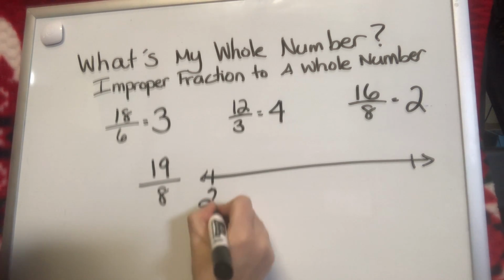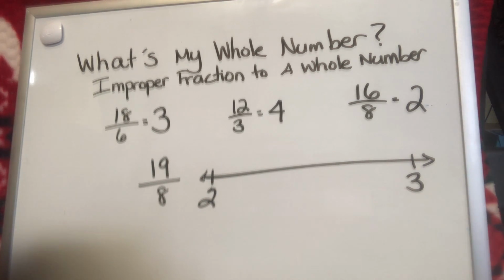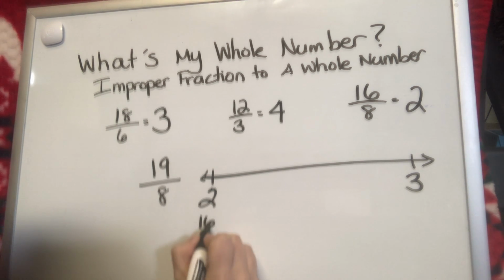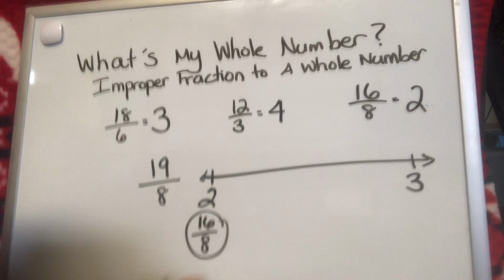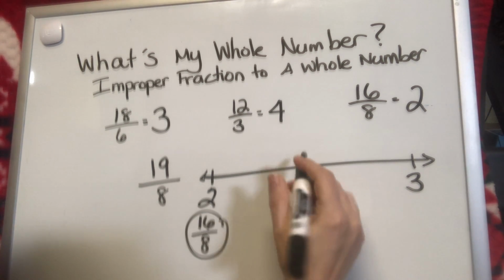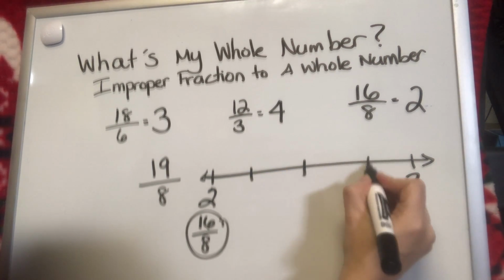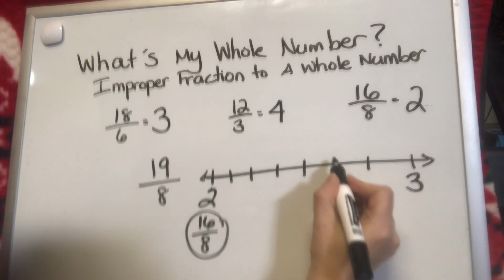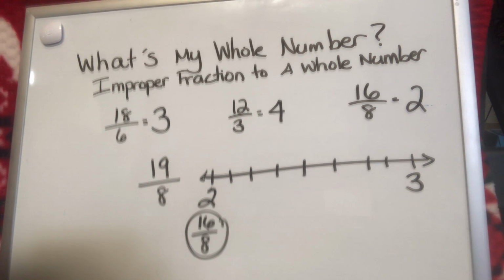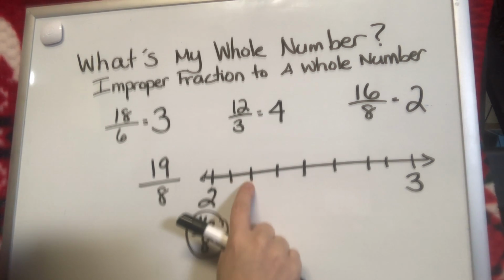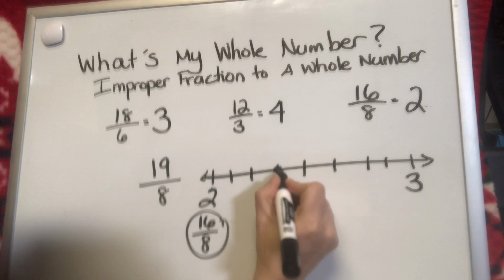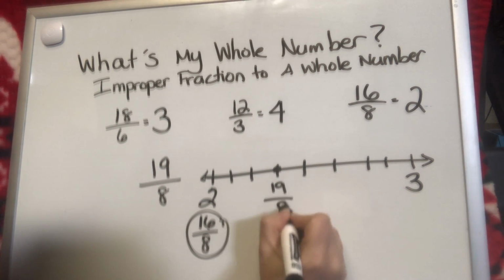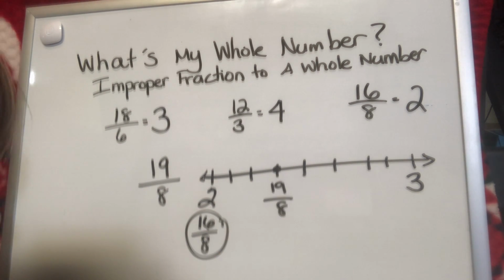I'm going to start with a 2. 2, 3, okay? So this would be 16 eighths, right? Now I'm going to put eighths on my number line, so I'm going to do my fourths. Then I'm going to break my fourths up. And then I'm going to find where 19 would be. So let's say 16, 17, 18, 19. 19 eighths. Okay? All right, let's try another one.